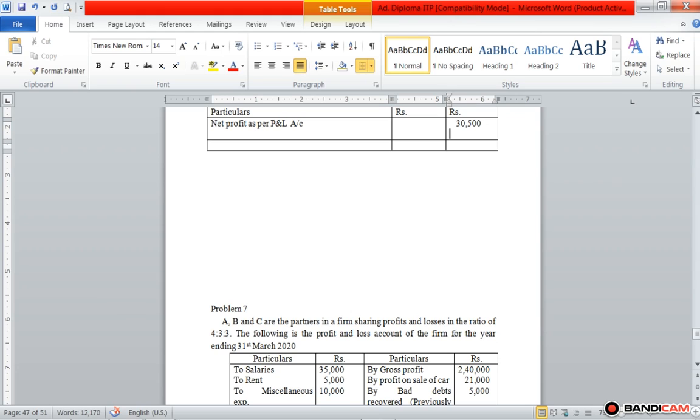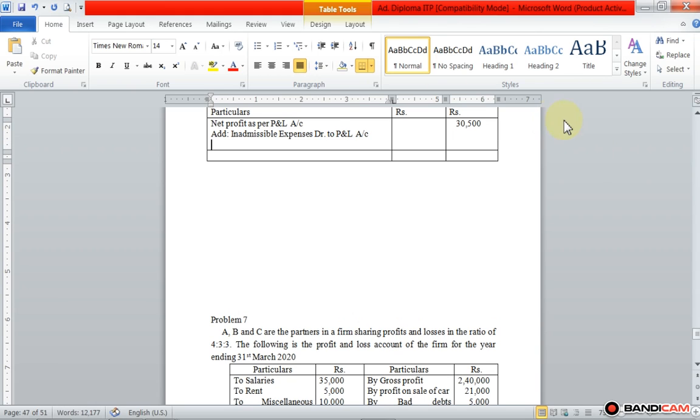Then we add inadmissible expenses debited to the profit and loss account.